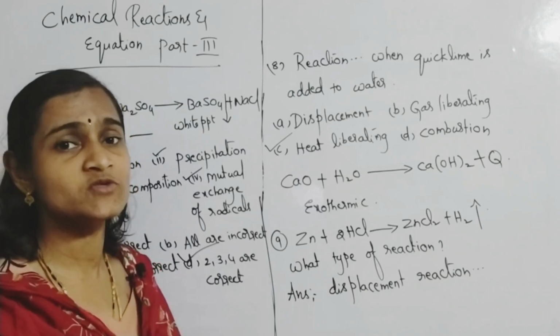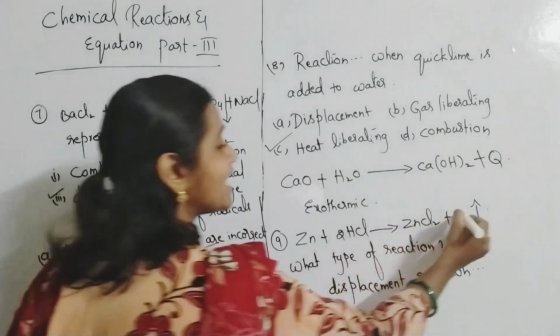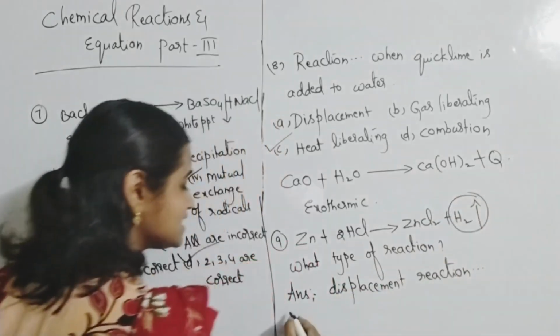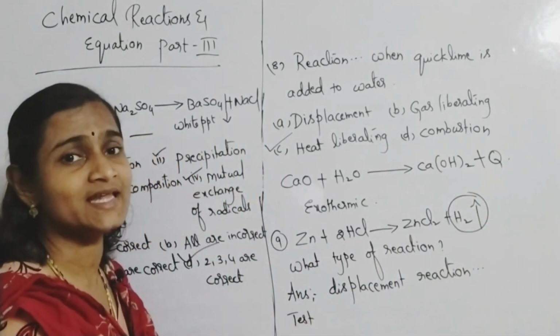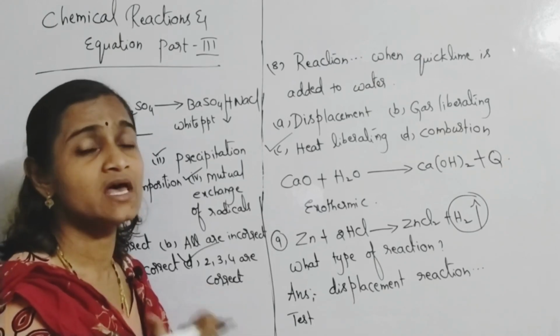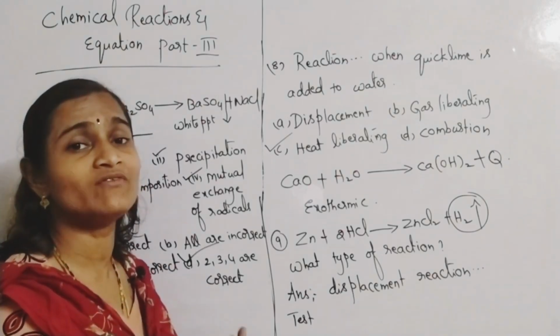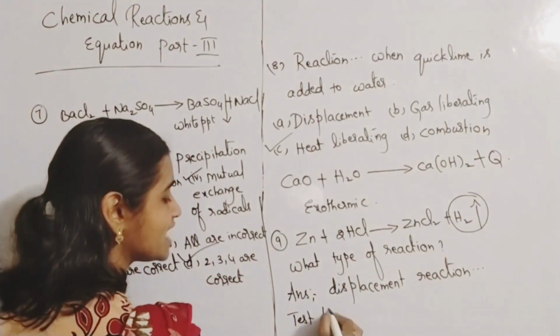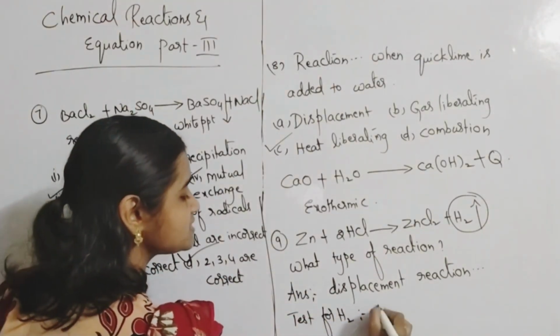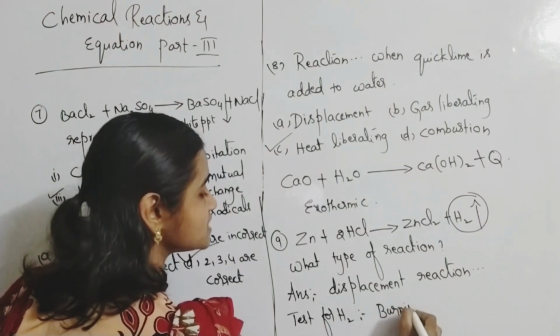Here the gas liberated is hydrogen. You have to identify the test for hydrogen gas among the 4 options. The test for hydrogen gas is that a burning splinter puts off with a pop sound.